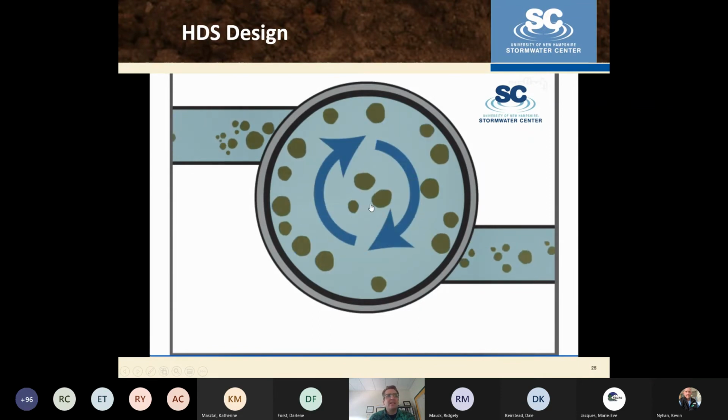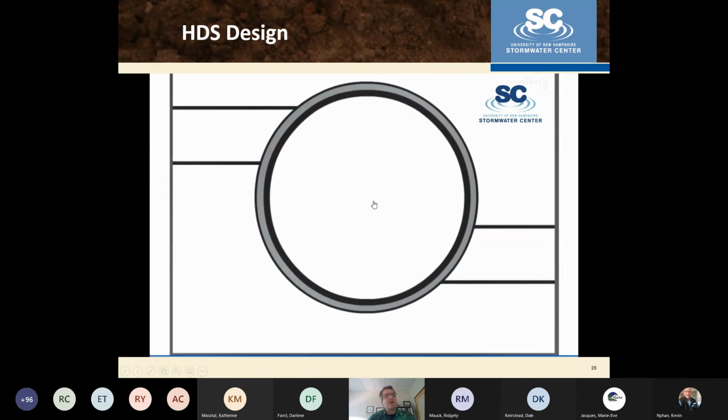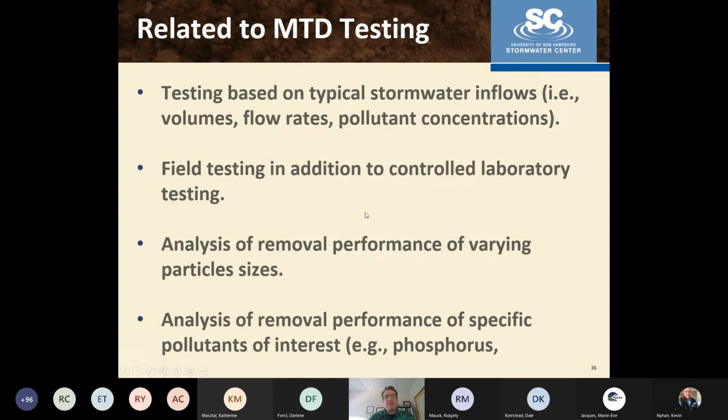And interestingly enough, we actually see impacts from cold climates. If you think of a particle settling, as the viscosity of the water goes up, say in the winter, the particle settling time pretty much doubles between cold water and warm water.